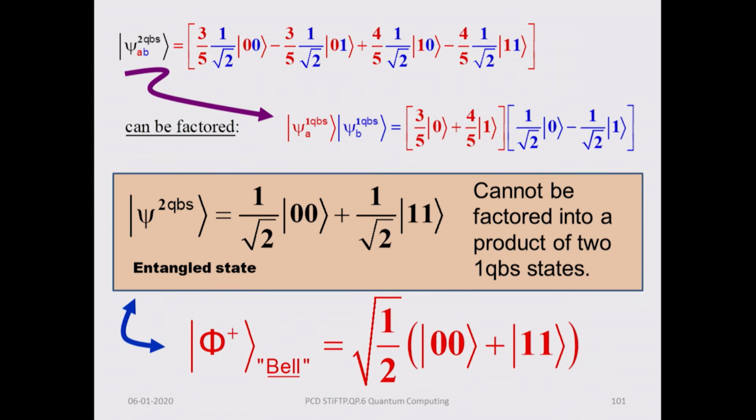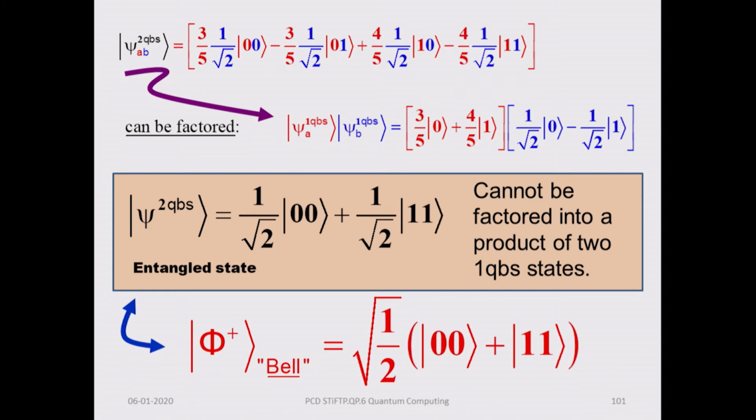And then I am going to argue that if you have a state which I have now written as a superposition of 0 0 and 1 1 with equal coefficients 1 over root 2, and I am going to argue that this is a two qubit system which cannot be factored like this. Okay?